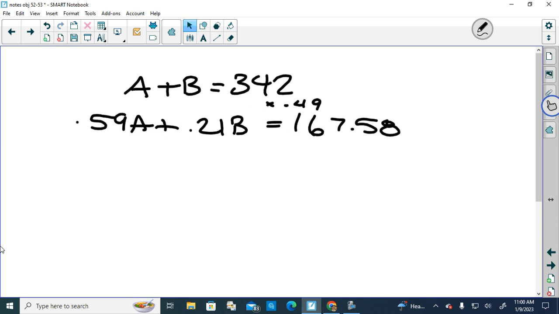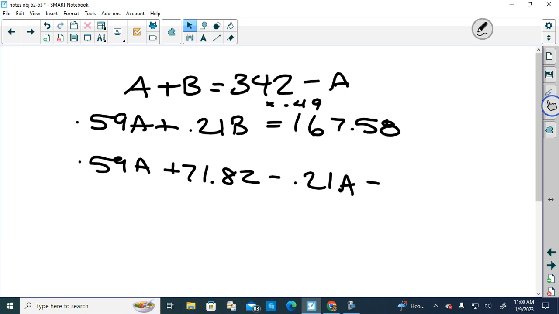Okay, so if we're replacing the B, then you would move this over, right? So that you can plug that in. Did you do that? Okay, so I'm going to write that part out. So you have 0.59A, and then you would distribute the 0.49 to that and that, right? And you should get 71.82 minus 0.21A equals 167.58.